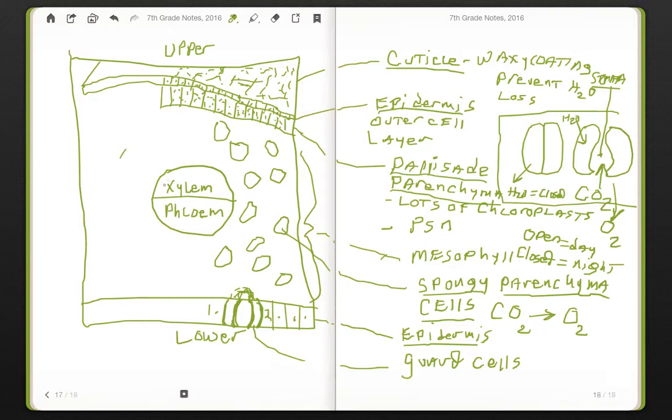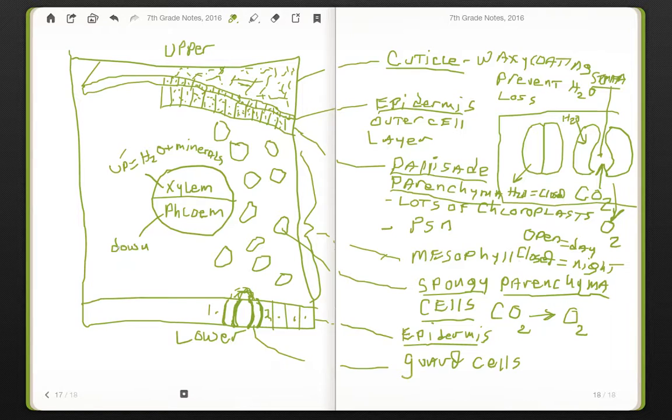You can think of xylem and phloem as arteries and veins. Xylem goes up from the roots, and it brings water and minerals up into the plant. Water and minerals. Phloem goes down, so xylem up, phloem down.